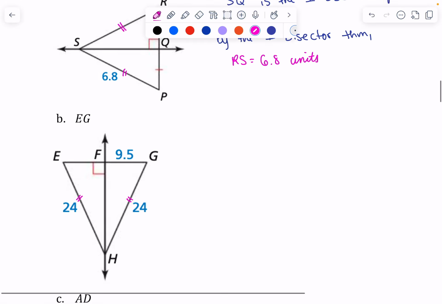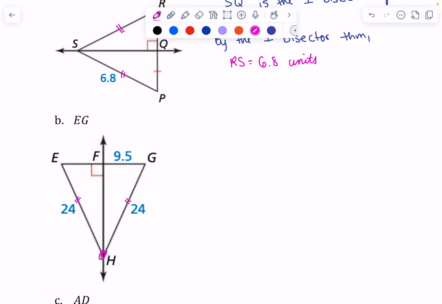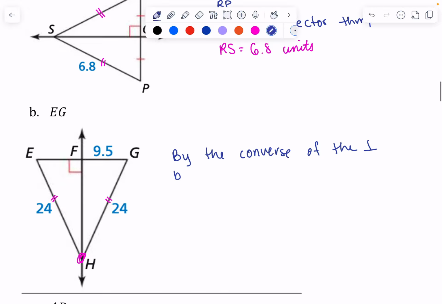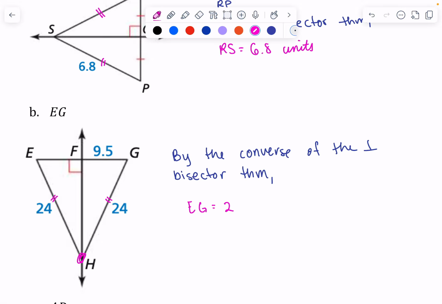So, because point H is equidistant from segment EG, we know by the converse of the perpendicular bisector theorem that EG is equal to 2 times 9.5, or we could say 9.5 plus 9.5, because if this is 9.5, this also has to be 9.5 by the converse of the perpendicular bisector theorem.